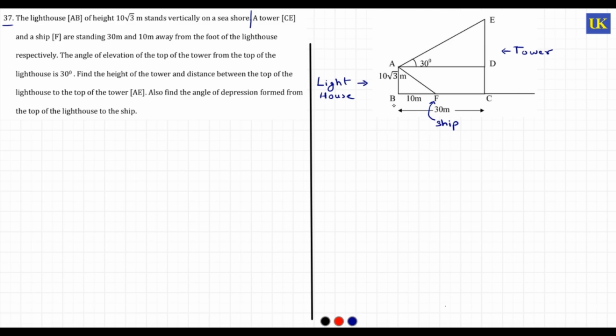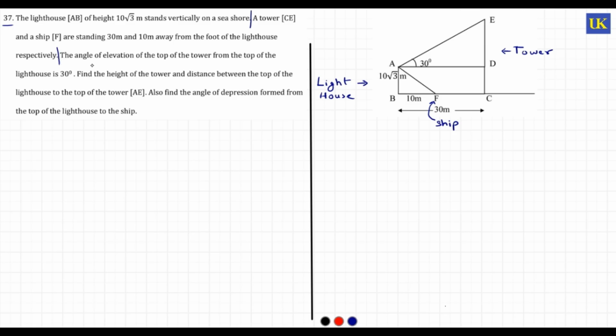The tower is at a distance of 30 meter from the foot of the lighthouse, and point F is the ship, 10 meters away from the foot of the lighthouse respectively.